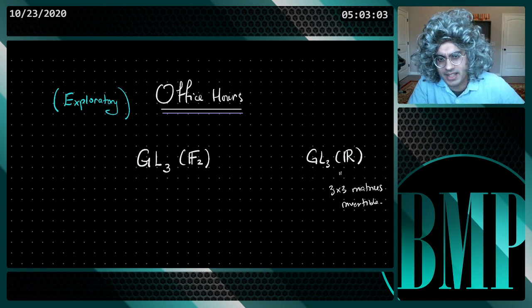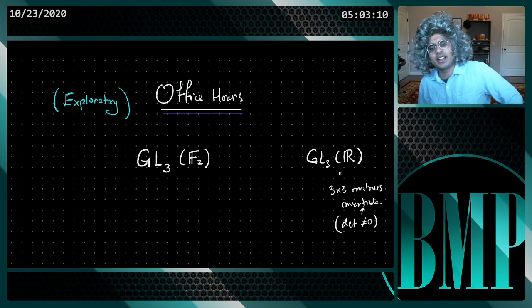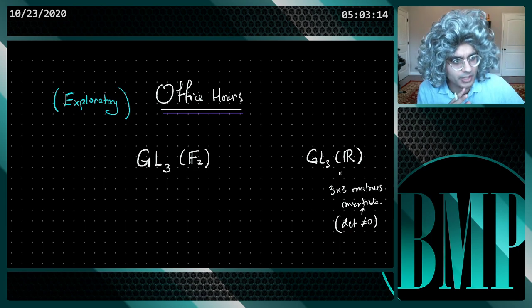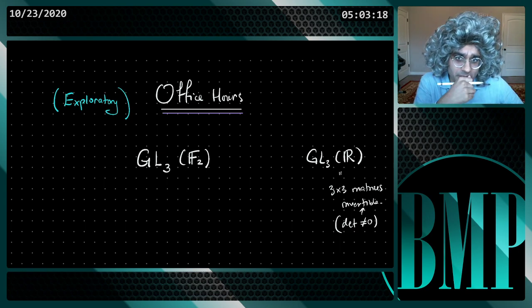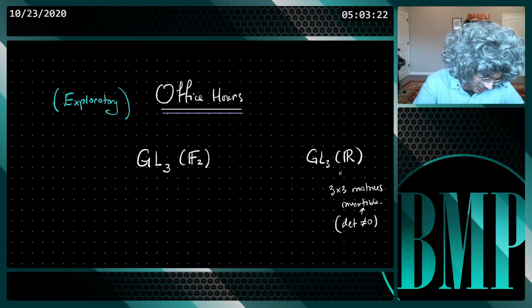But invertible had this other name, which was determinant isn't 0. So you do the same kind of mathematics, also known as linear algebra. But now your number system is this interesting Z mod 2Z number system.